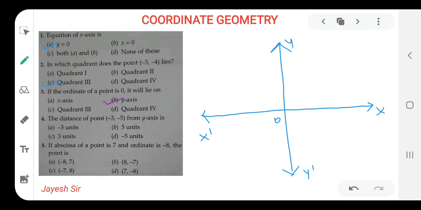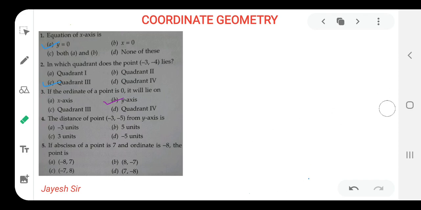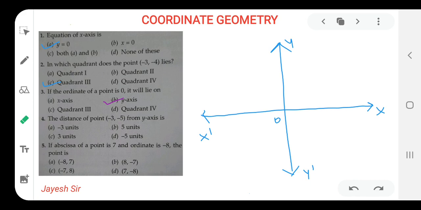The distance of the point (-3, -5) from the y-axis. For this we need to learn the formula for distance, friends. I need to explain this figure a little over here, and after that we need to erase it. The point is lying at -3, -5.